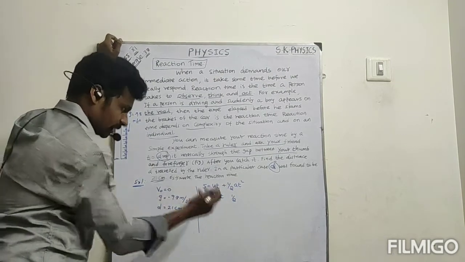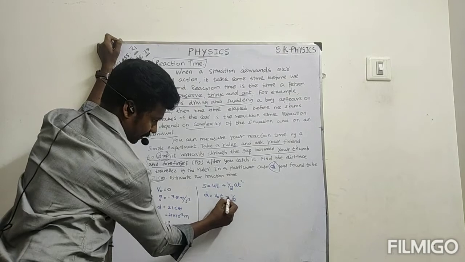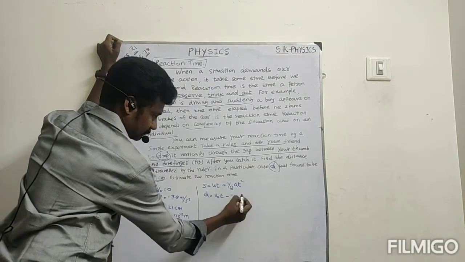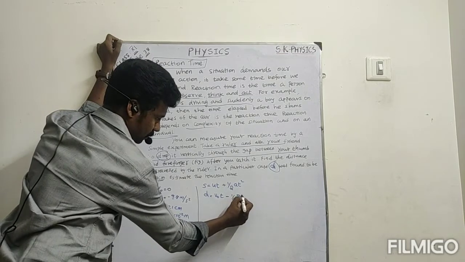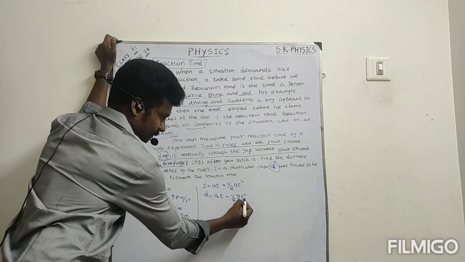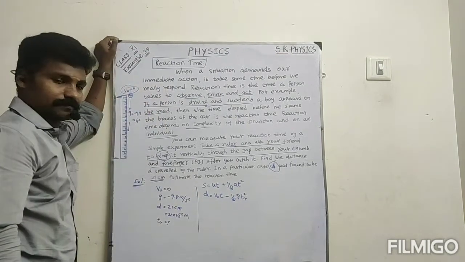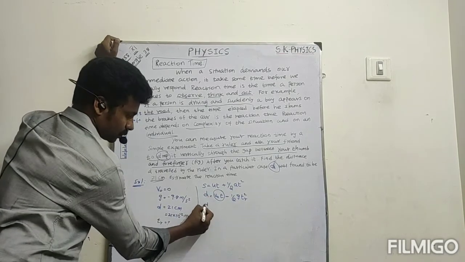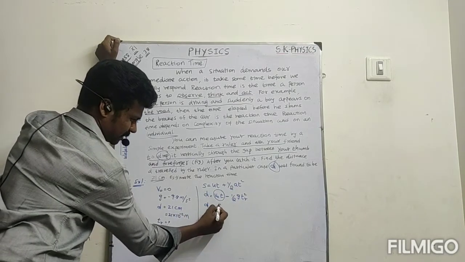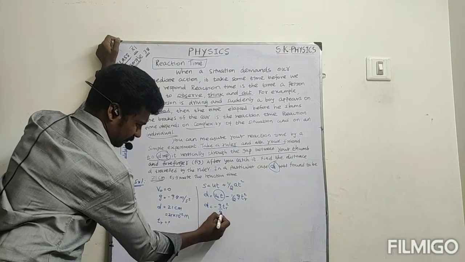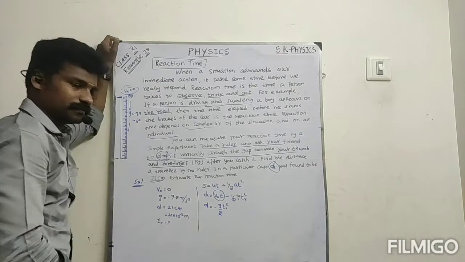So directly I write here minus g value, then t square. Here t is nothing but reaction time. Initial velocity is 0, so this term will not come. So d is equal to minus g tr square divided by 2.